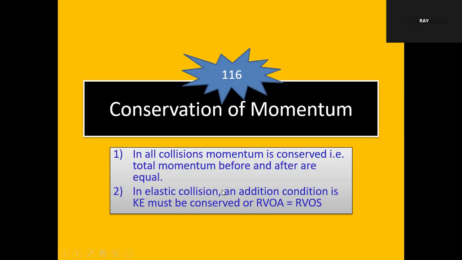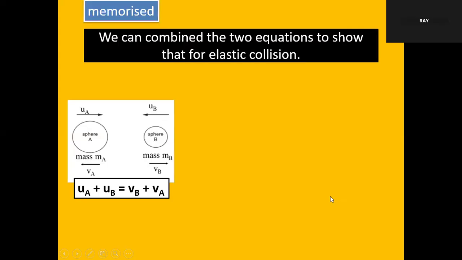In an elastic collision, an additional condition is that kinetic energy must be conserved. That means kinetic energy before collision equals kinetic energy after collision, or relative velocity of approach equals relative velocity of separation. So you either memorize this formula.